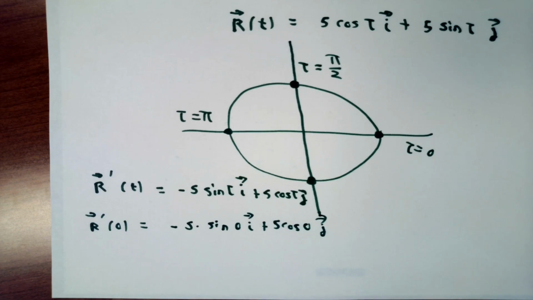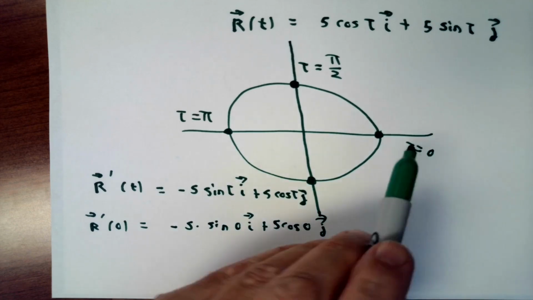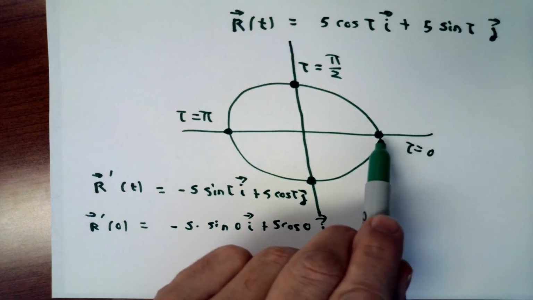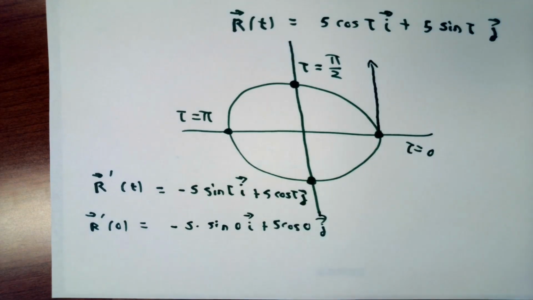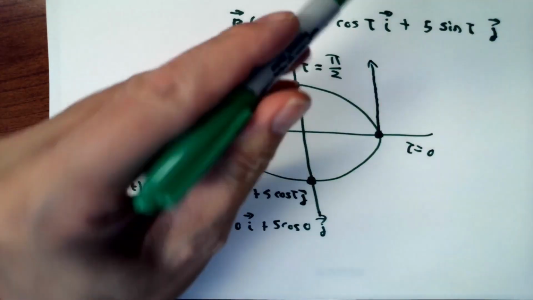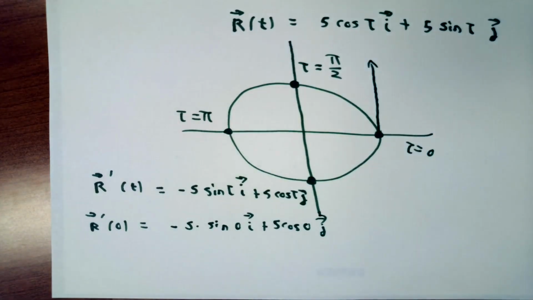It's a vector that points in the positive vertical direction with length 5. I'm going to draw that in with its initial point at the location of the vector value. At t equals 0, the direction the curve is traveling in is this direction. The significance of the length will come out in a little while.